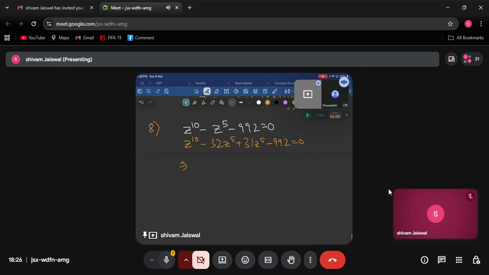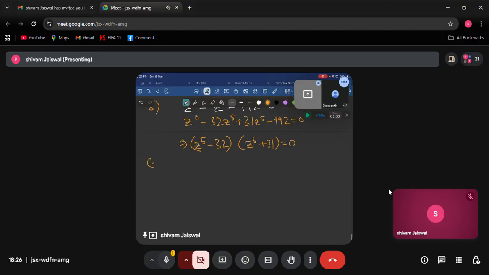So this implies (z to the power 5 minus 32) into (z to the power 5 plus 31) is equal to 0. Right? So there are two cases. Case 1, when z to the power 5 is equal to 32.